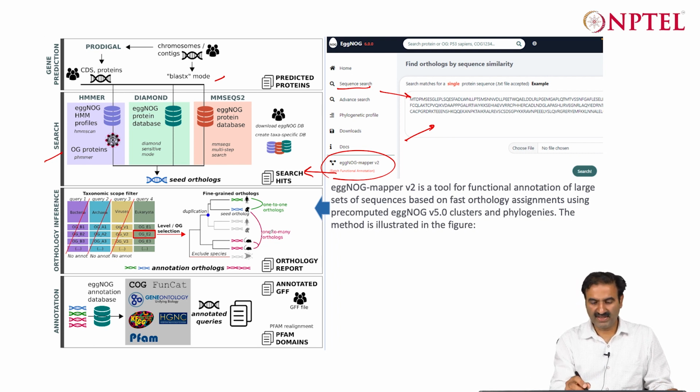So that is one part which is good for making phylogenetic trees and also for other information. And for the annotation, it is using its own eggNOG database, which is COG-based, to annotate the proteins into various functional categories.